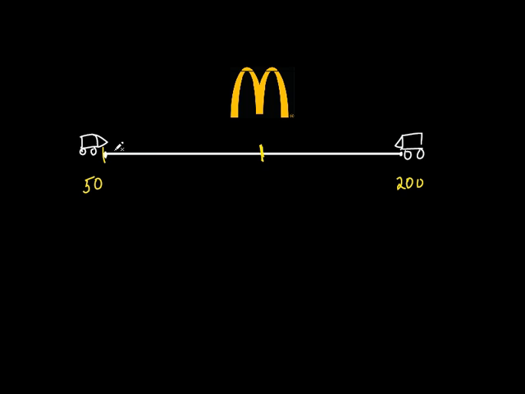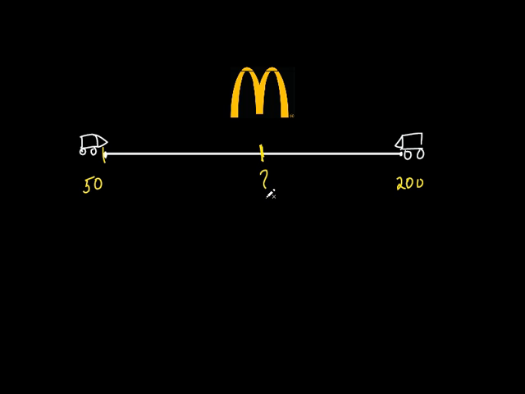And I don't want to drive all the way to his place. Well, first of all, how far would I have to drive if I drove all the way to his place? From 50 to 200, so 200 minus 50 is 150. I would have to go 150 miles, and he would have to do the same thing if he was going to come all the way to my house. Well, neither one of us wants to drive that far, so we're going to meet at McDonald's in the middle.